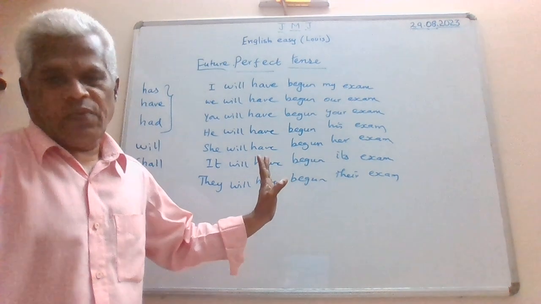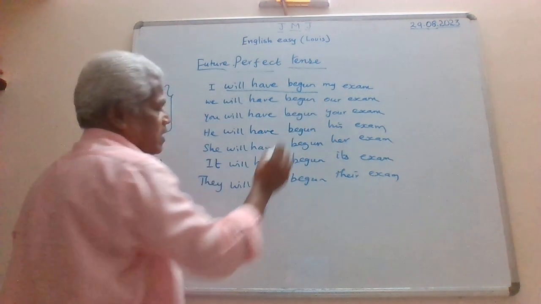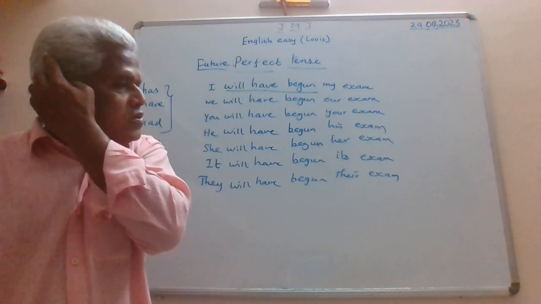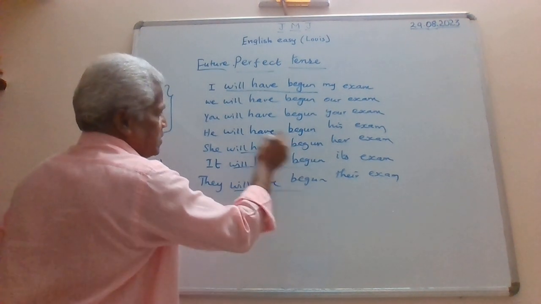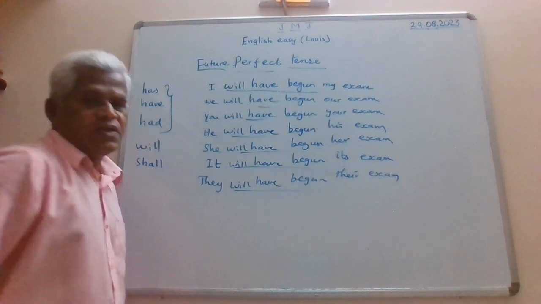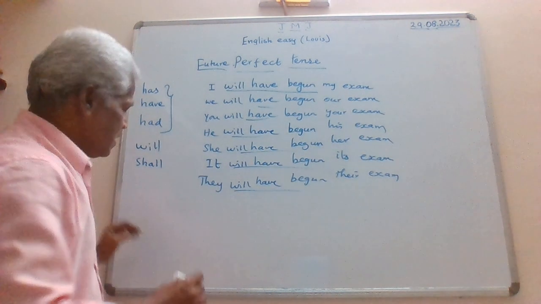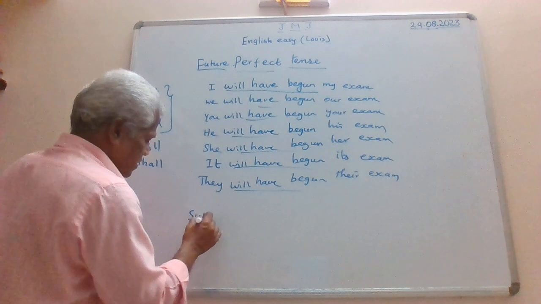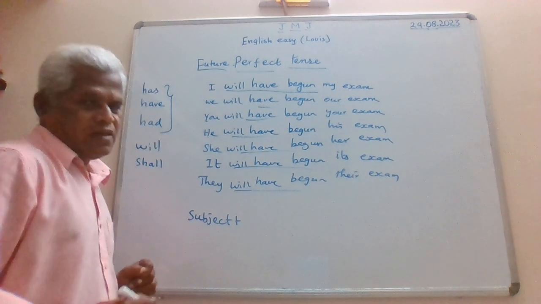So, now you know the verb already. We will have plus past participle form of the verb. Similarly, you have the verb for all the sentences here. See? Okay? So, how can we form the verbs here? Begin with the subject.